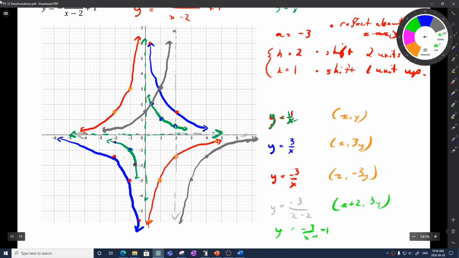So now I'm working off the gray, so it shifts my horizontal asymptote 1 unit up, so there's my horizontal asymptote line. And my vertical asymptote, since it's a vertical shift, will stay the same.